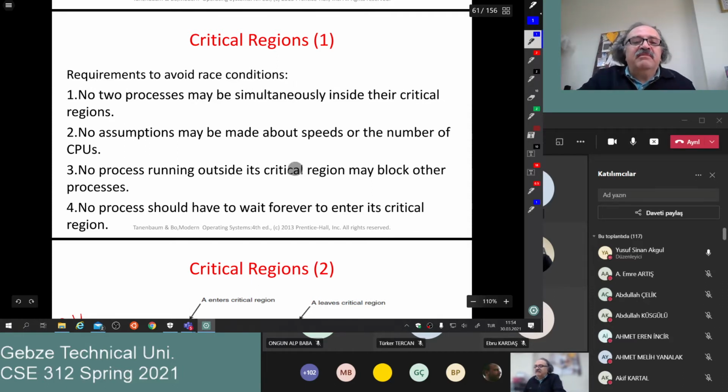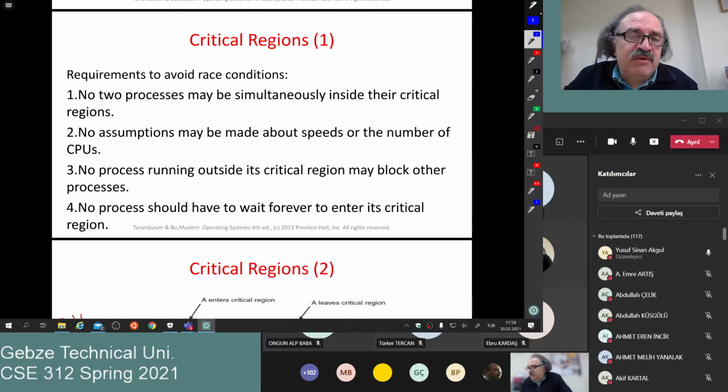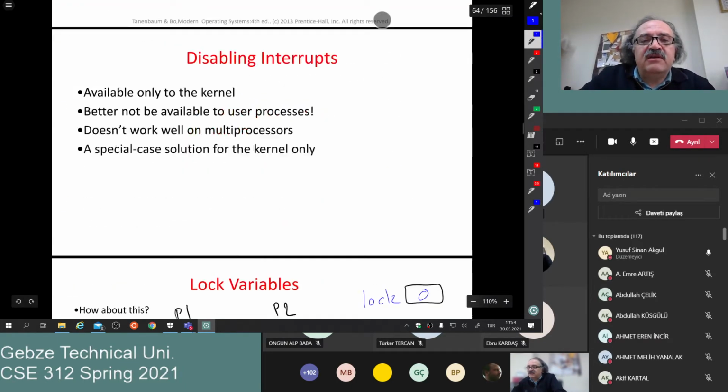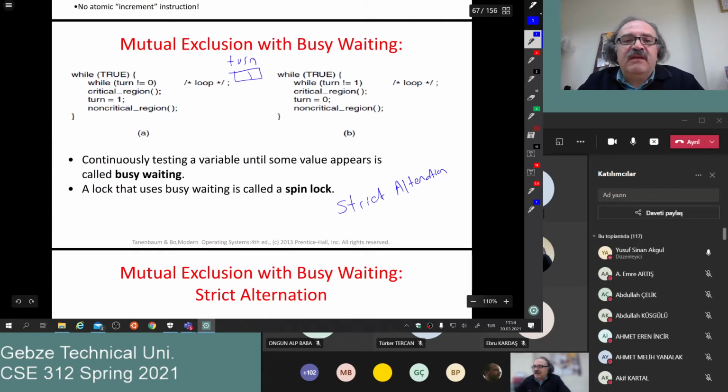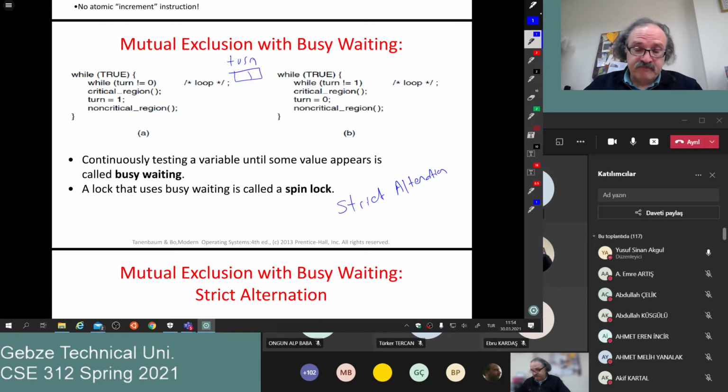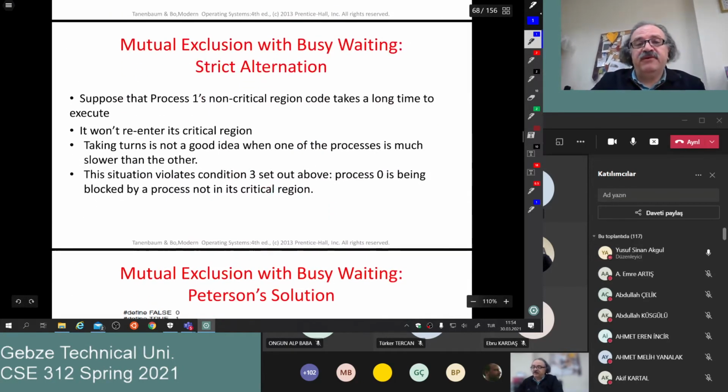So definitely rule number 3 is not satisfied. Then it's not a good critical region implementation. But if you know that things are going that way and this is okay, maybe you can use this as a simple solution. But usually we don't prefer this. So that's the problem with this mutual exclusion.